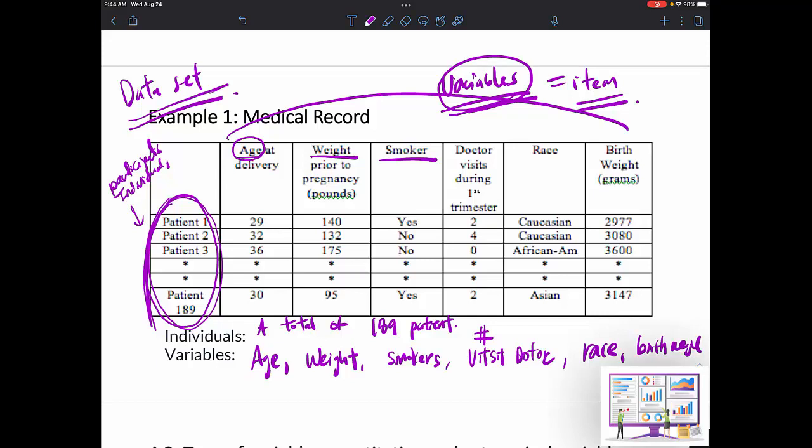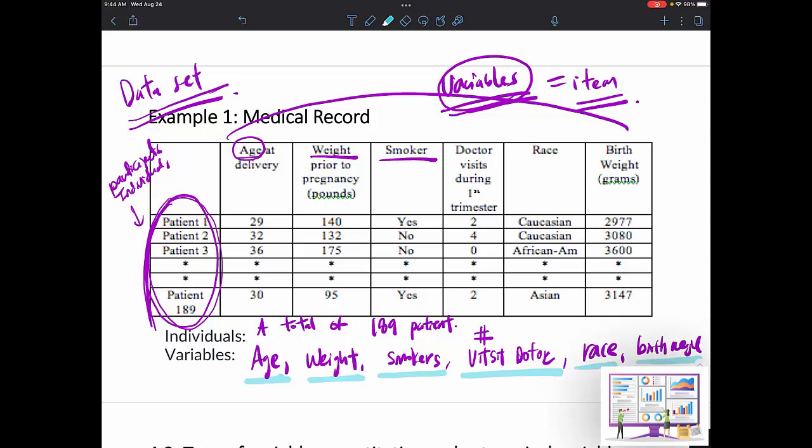So now I have a question, okay? So far it looks very simple, very understandable. So now I have another question. Hey guys, when you look at the variables: age, weight, whether you are a smoker or not, the number of visits to the doctor, race, and birth weight.